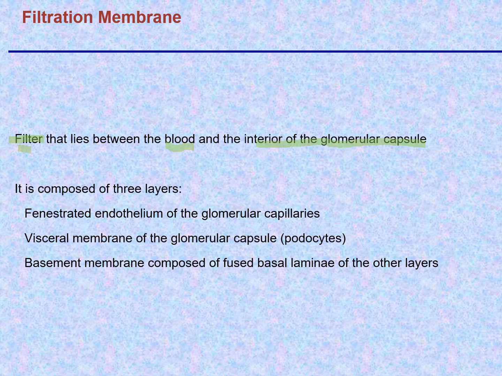The filter itself is composed of the fenestrated endothelial cells that line the capillaries. They pave the inner surface of the capillaries, and the membrane of the glomerular capsule is formed by cells around those capillaries, called podocytes. I'll show you that in a diagram in a minute. And then there's the basement membrane in between those layers.